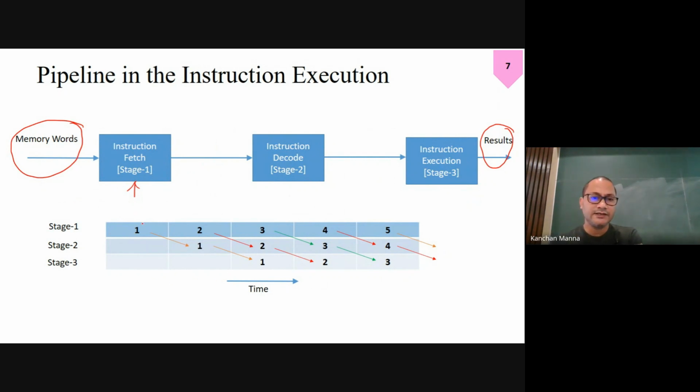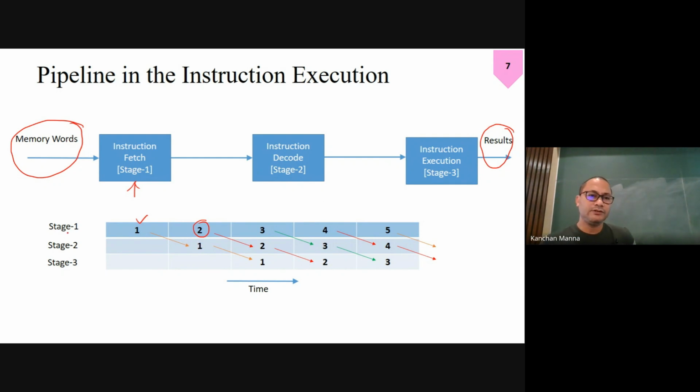First, stage 1 is used. Let's say this is the first instruction; next it uses the second stage.